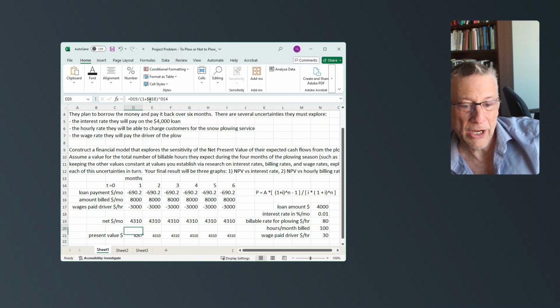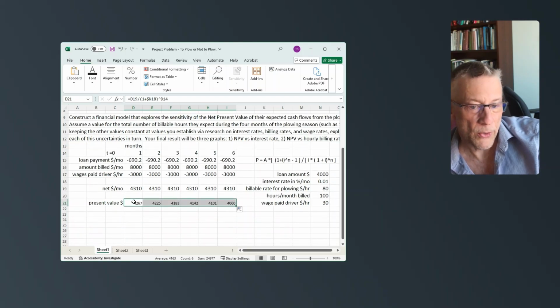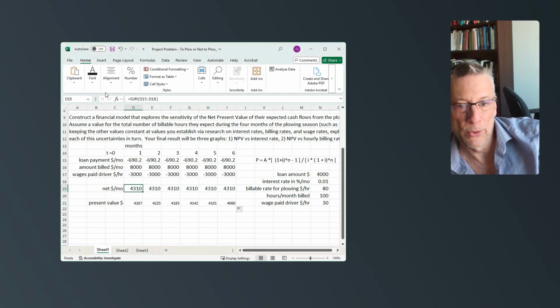That is, the interest rate on the loan we've set as equivalent to the discount rate that we would use to compute the present value of some future amount. So this is the present value of each individual month calculated by converting the future value to the present value using an equation that is familiar to us. I'm going to change the font size to 14 for the sake of consistency and legibility.